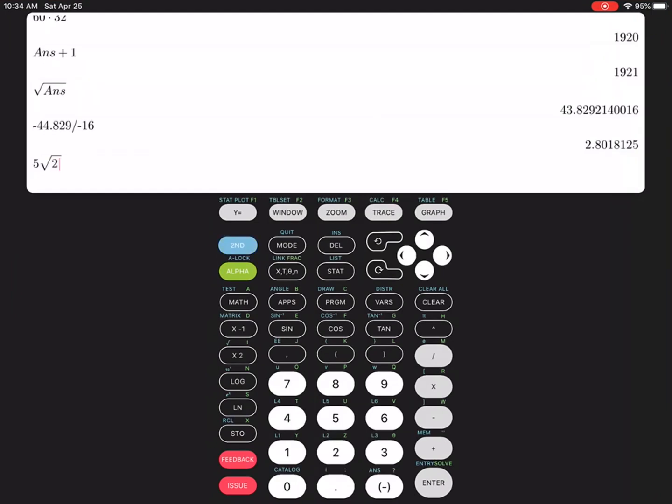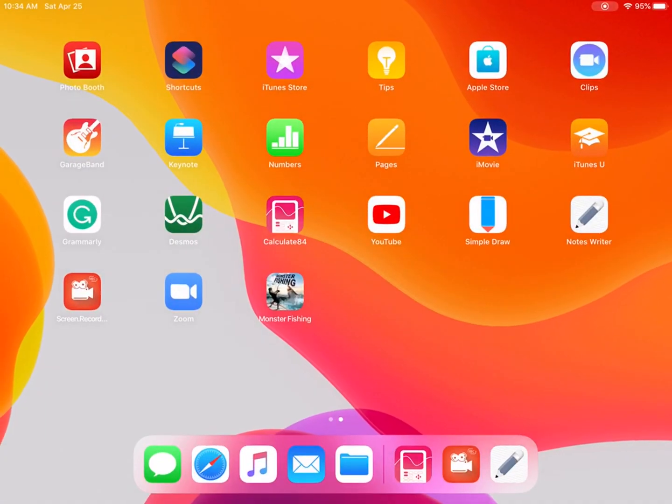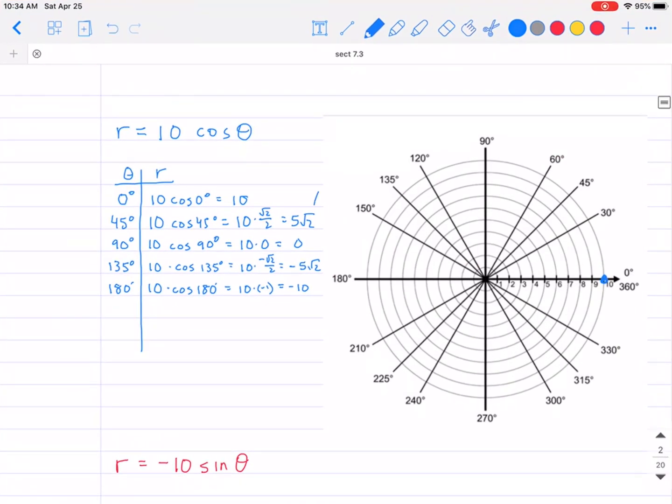We'll use a graphing calculator. 5 times root 2 is approximately 7.071. Going back here, let me make a quick note, 7.071. That's going to be our radius, so on the r axis, we go up by that amount: 1, 2, 3, 4, 5, 6, 7. So somewhere maybe over here, as an approximation.